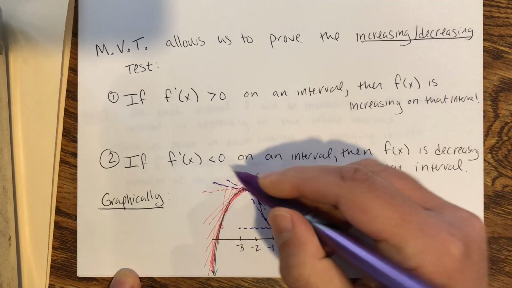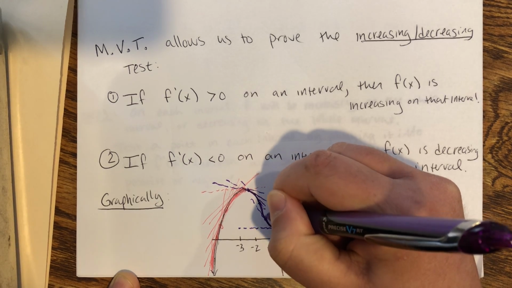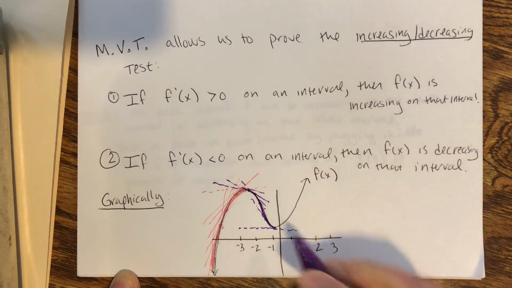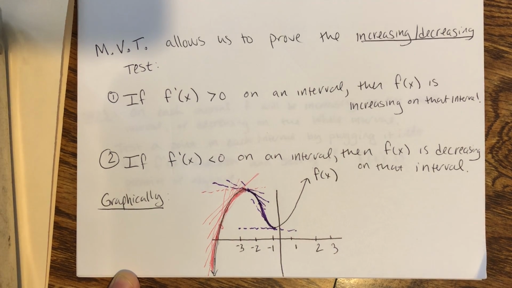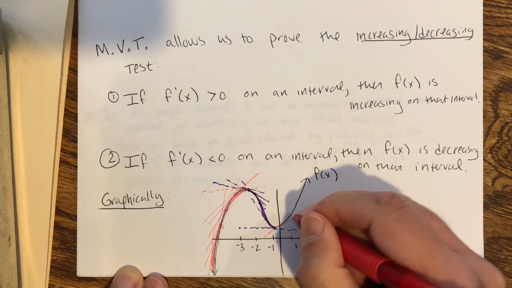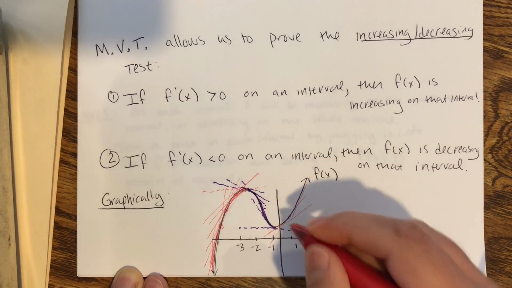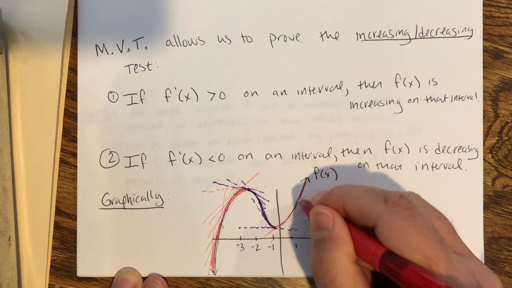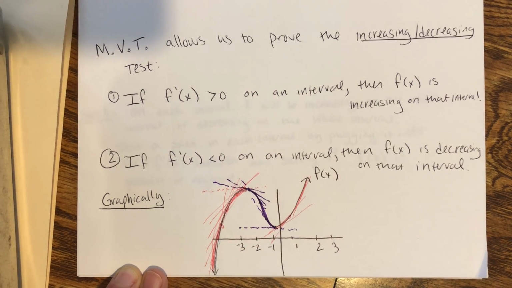We'll notice that the slopes of the tangent lines, or the derivative, was negative for this entire interval, which is exactly where our original function f was decreasing. Then after that point, if we start drawing in our tangent lines, they're going to continue to have positive slopes. So from -1 to infinity, our function is increasing, and the slopes of our tangent lines, in other words our derivatives, were positive.